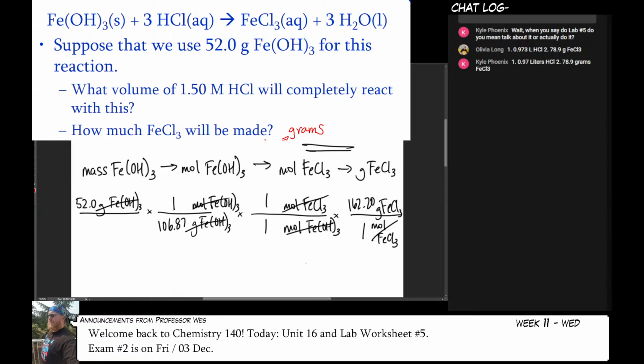So we'll type all of that in the calculator, and I got 78.9 grams of FeCl3. Sweet.